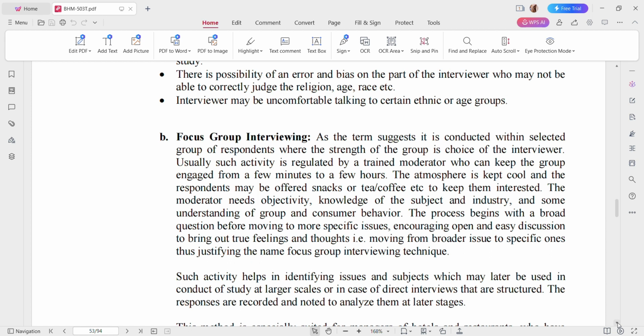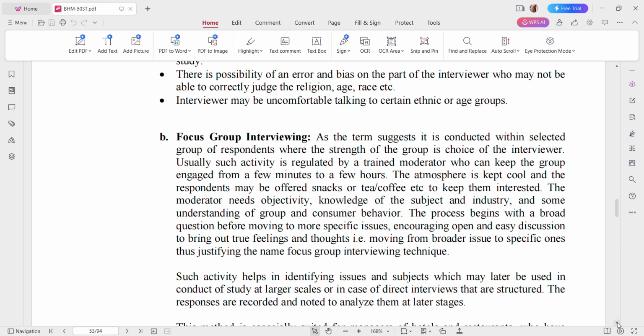So, but then you have to make the atmosphere cool, and respondents may offer snacks, para ma-relax sila so they can share, no? Hindi masyadong stiff, relax sila that they can really share freely, no? And share on what their views on certain issues. So the process begins with broad question before moving to the more specific issues. Ito siya. So may process yan.